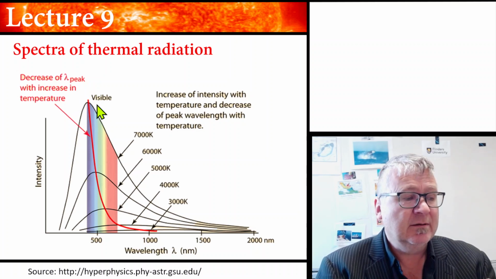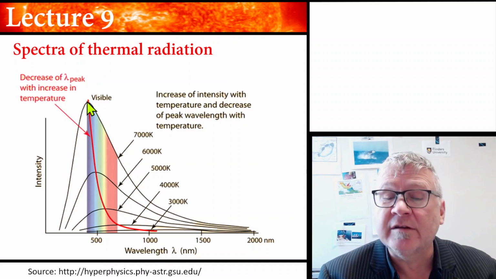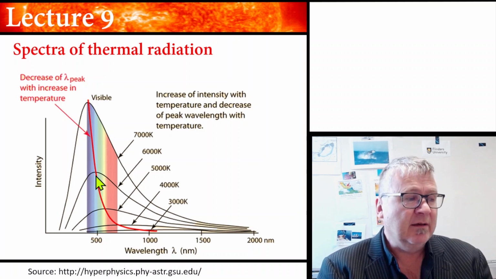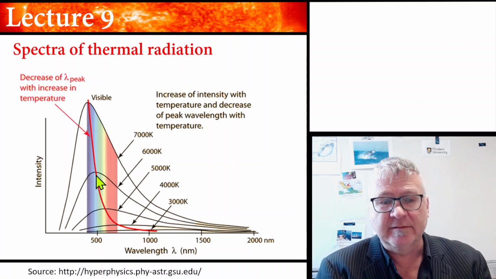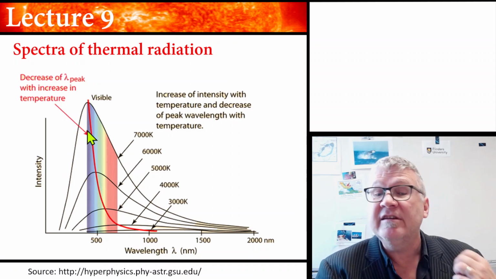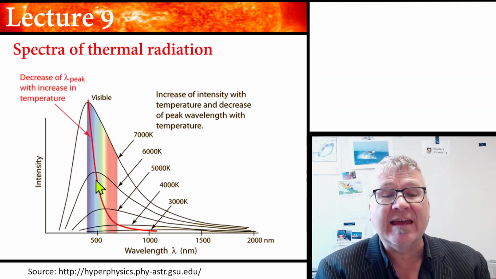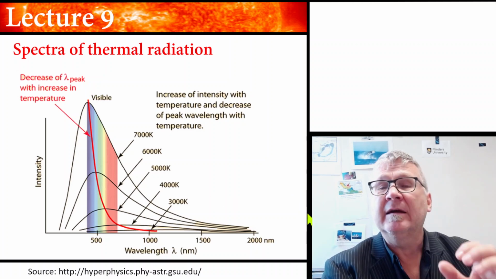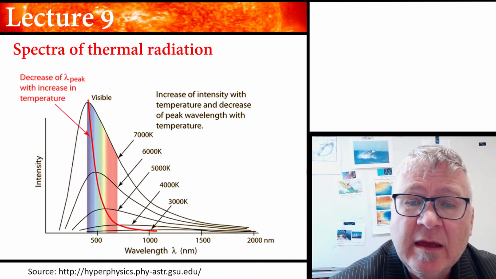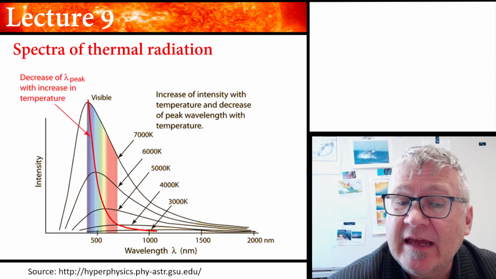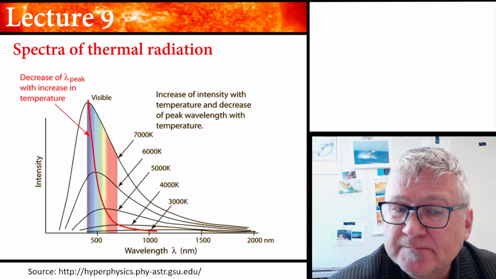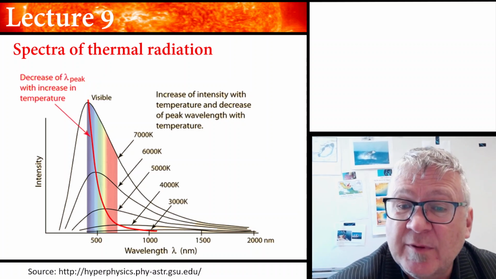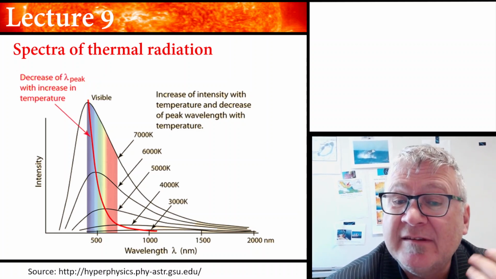If you decrease the temperature by 1000 Kelvin or 2000 or 3000, this maximum actually moves to higher wavelengths. So there are a few key messages in here. The total energy increases with the temperature. The intensity increases with temperature, and the peak wavelength decreases with temperature.